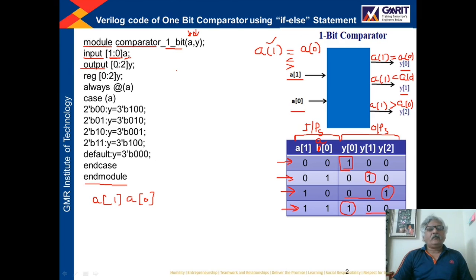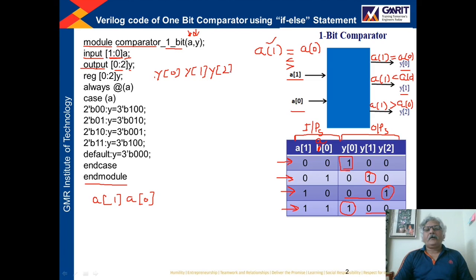Then output 0 colon 2 Y. With this the output vector will be created, and I'm writing here Y0, Y1, Y2.